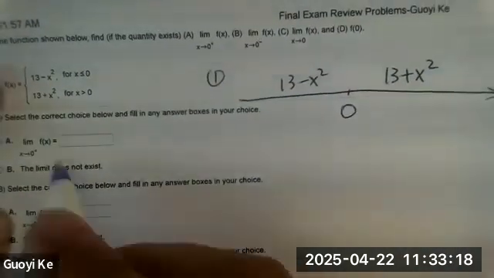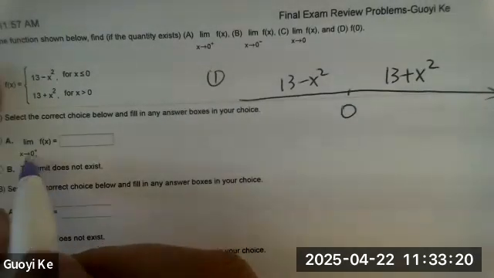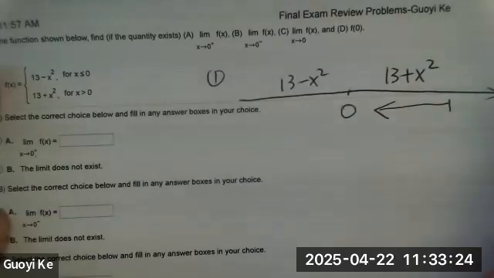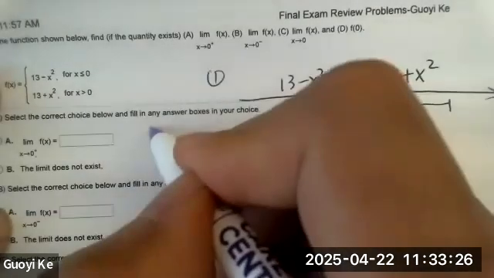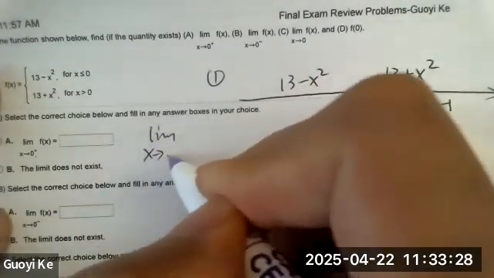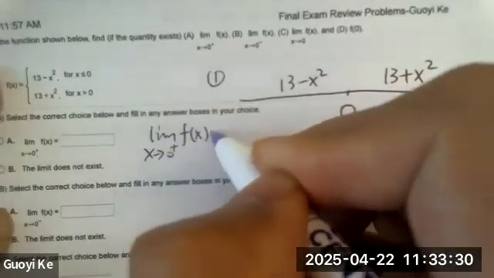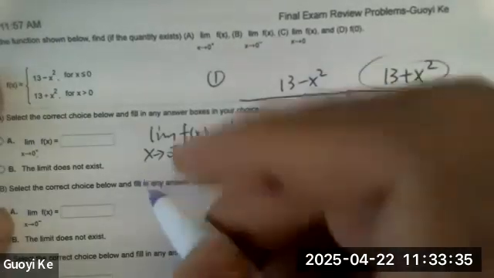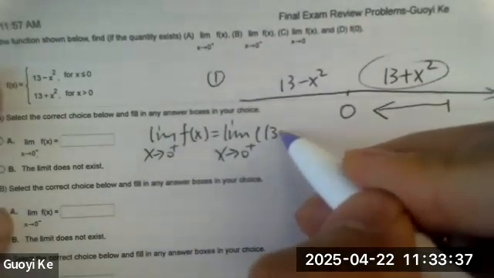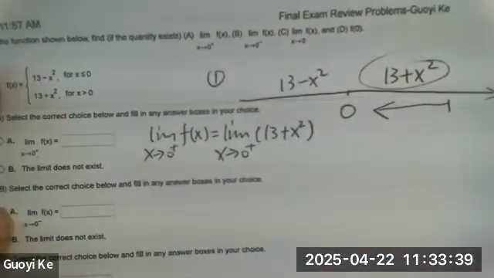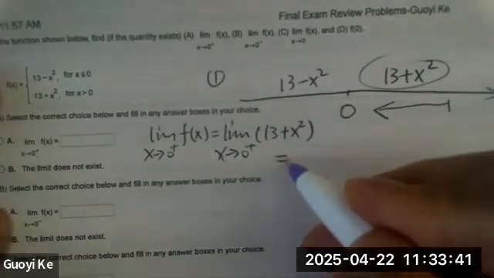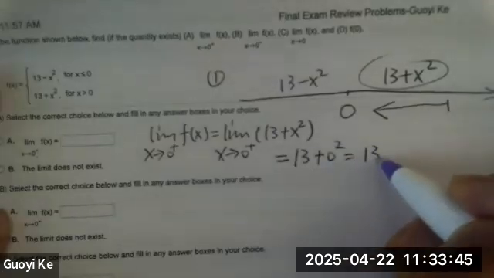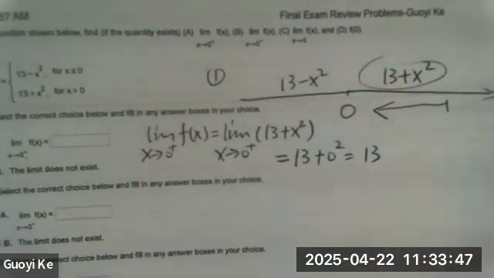Here x approaches 0 from the right-hand side, that means we use this function. Then plug in, we have 13 plus 0 squared equals 13. That's it.